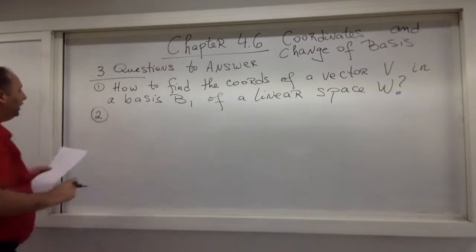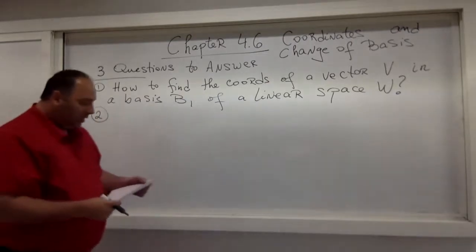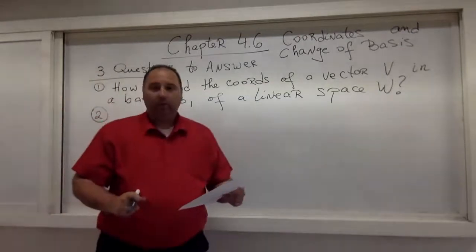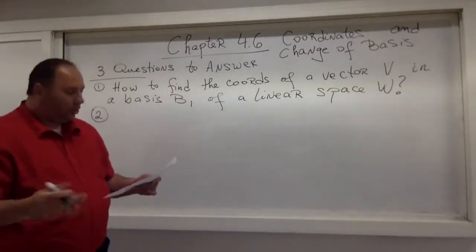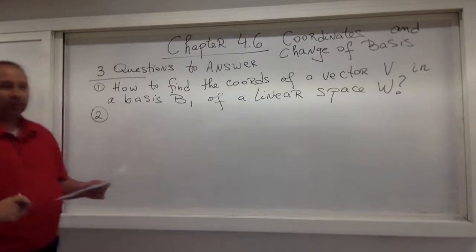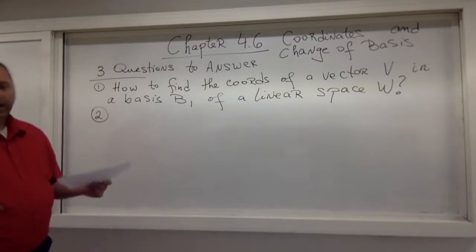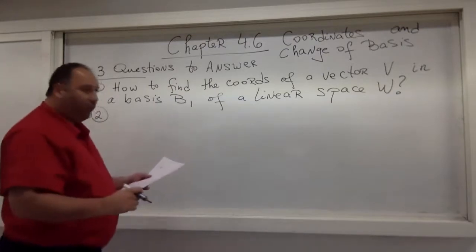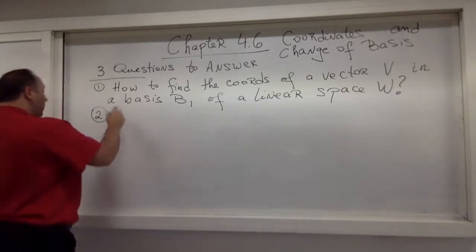The second question is an easier one actually: given the coordinates of a vector in a given basis, the question is, who's the guy? What's the vector? How can I find it? Well, that one is even easier to answer.